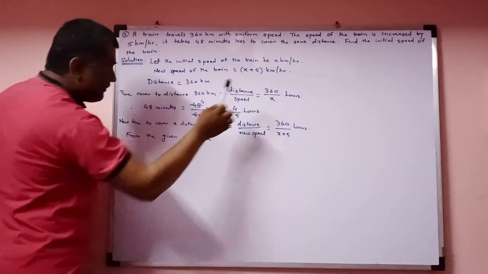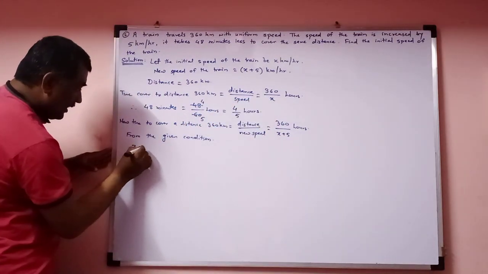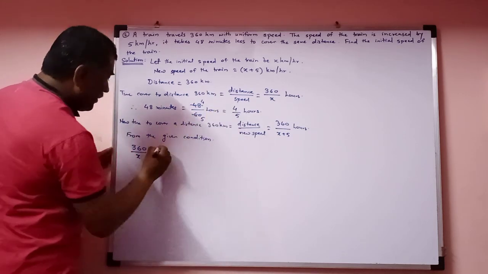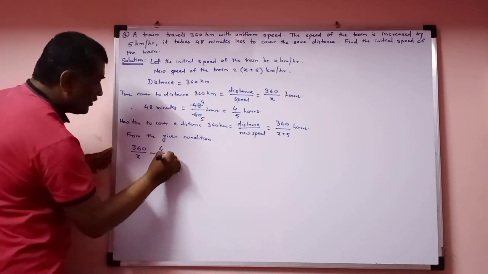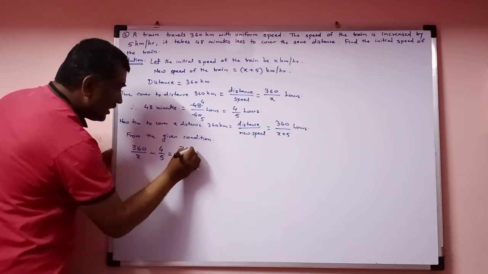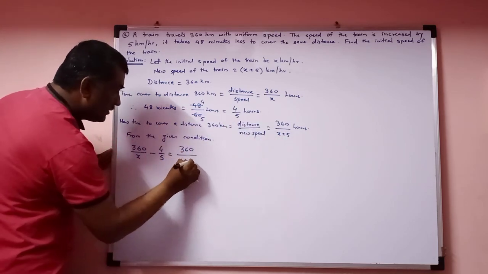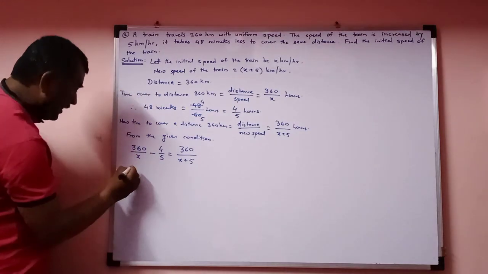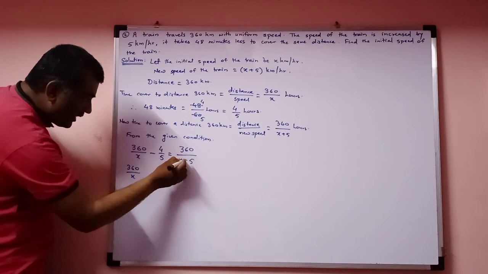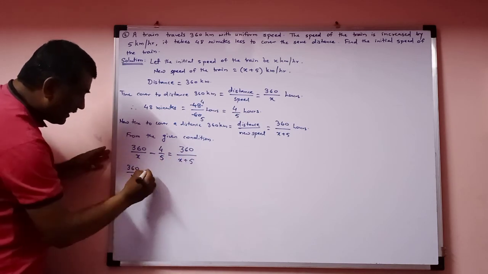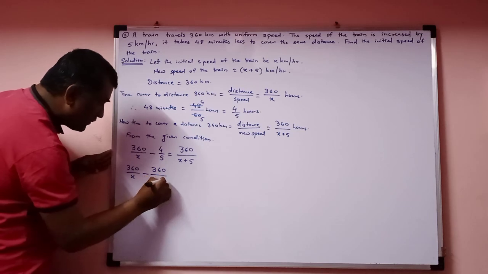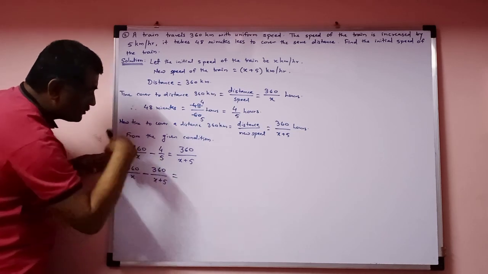Means initial time 360 upon x minus 4 upon 5 is equal to new time 360 upon x plus 5. 360 upon x minus 360 upon x plus 5 is equal to 4 upon 5.